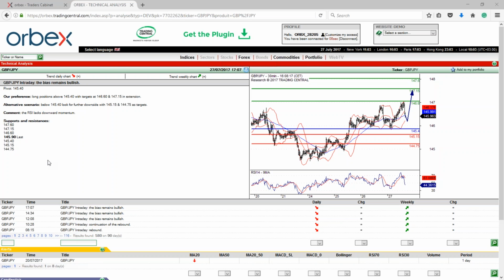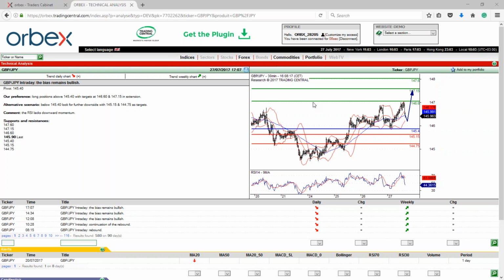So these are the indicators that Trading Central are using alongside the support and resistance levels that are generated using their own proprietary mathematical models. This helps them develop their view on the market on a daily basis.